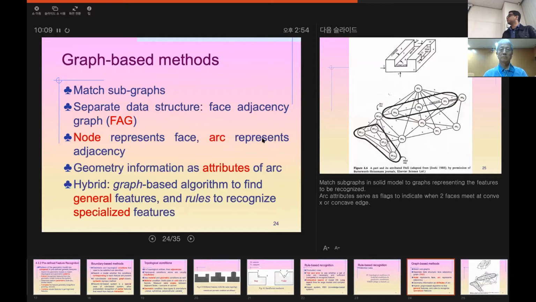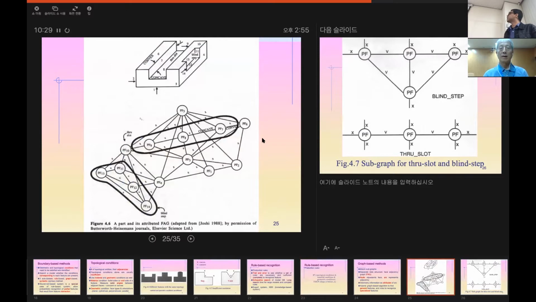And arc attributes can be used to indicate when two faces are at concave or convex edges. There is an alternative of the graph-based method, wherein the graph-based algorithm finds general features and uses rules to recognize very specialized features. So this is an example of a part, and its FAG graph, as you can see.